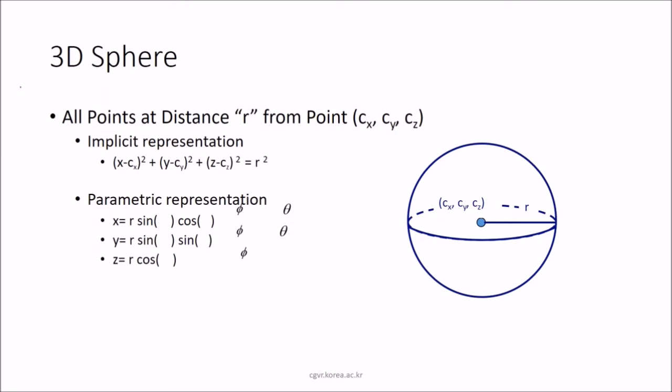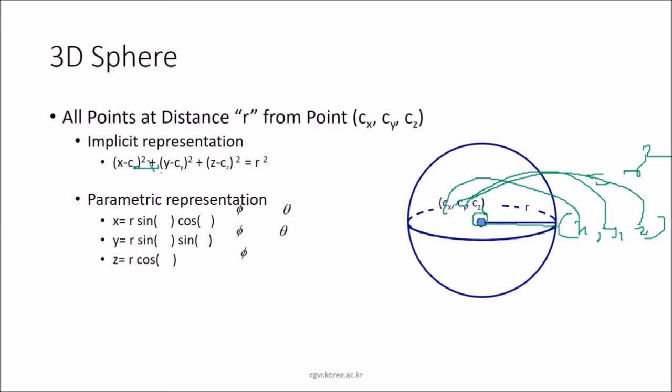Then we come to the 3D sphere. In this 3D sphere, all points are at distance r from some point (cx, cy, cz). An implicit representation of this will be, for any point (x, y, z): (x minus cx) whole square, plus (y minus cy) whole square, plus (z minus cz) whole square, is equal to r square.